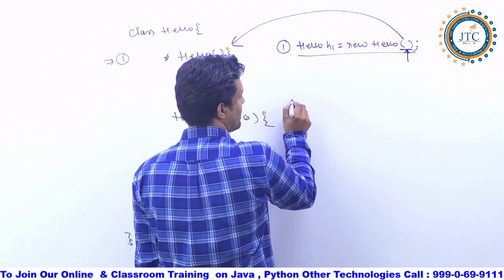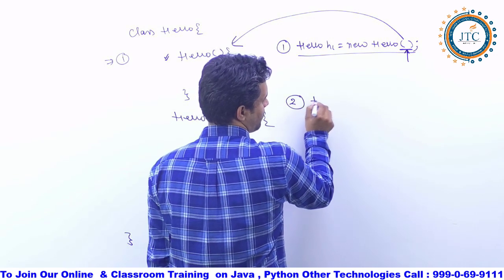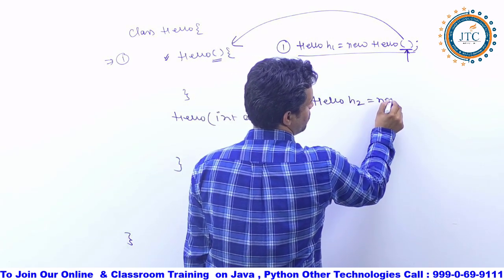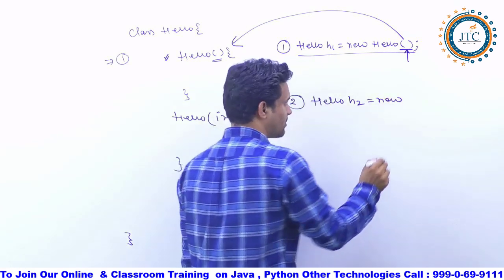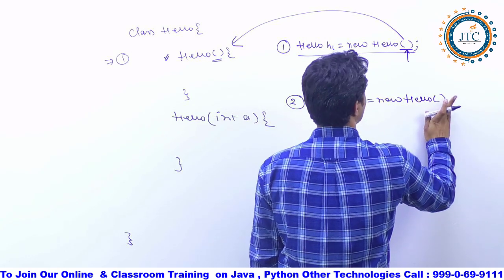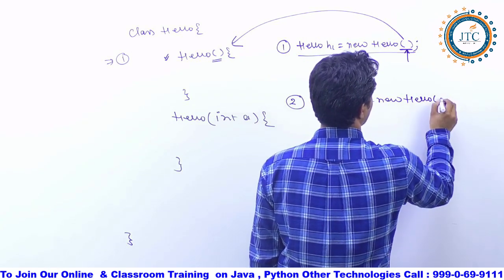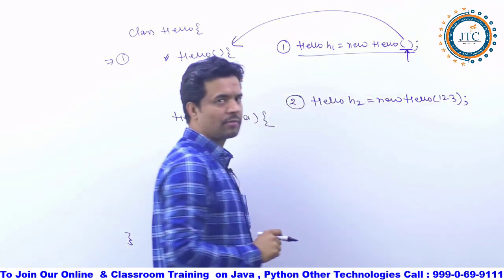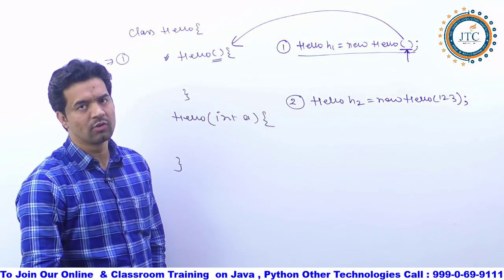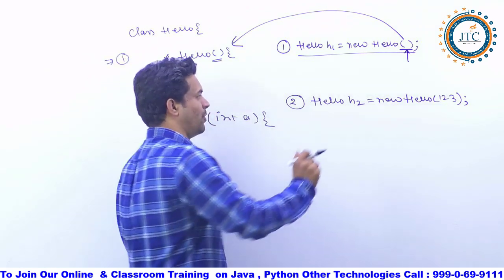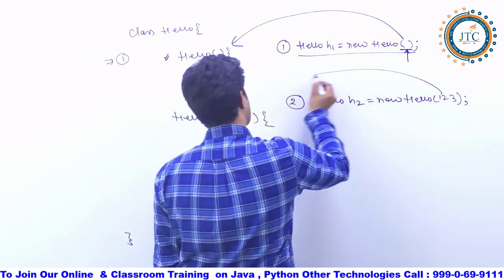Now at the same time, if I write hello h2 is equal to new hello, passing 1 2 3 inside it, this is going to process the parameterized constructor.